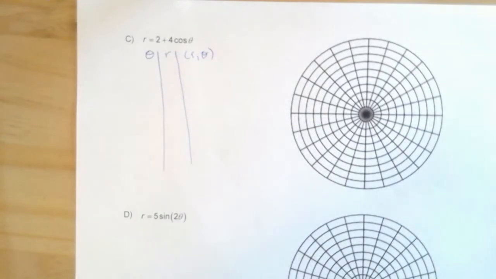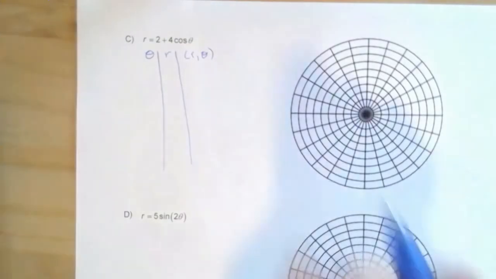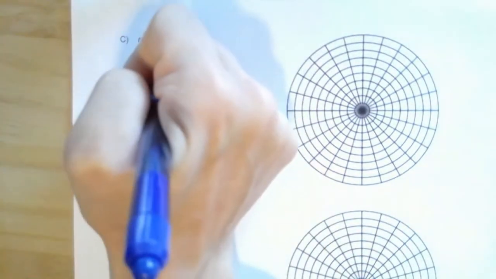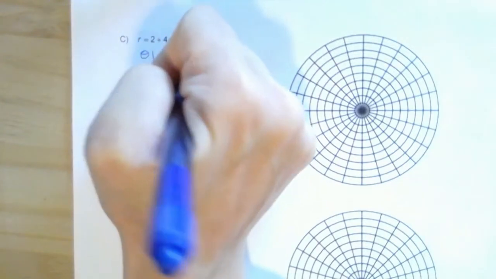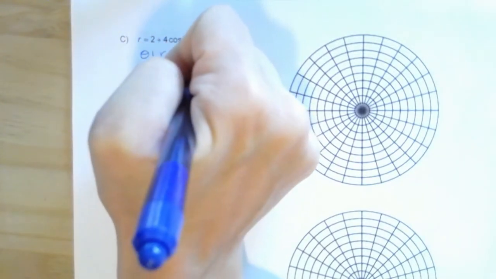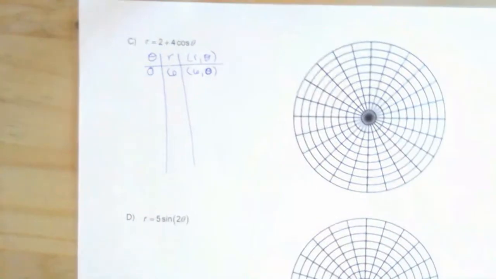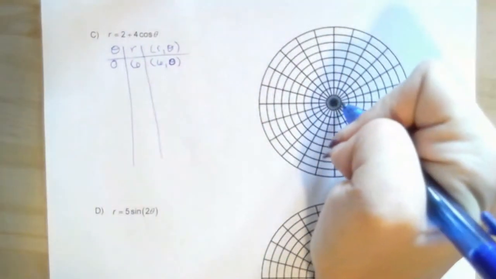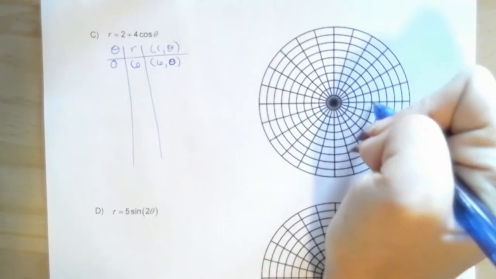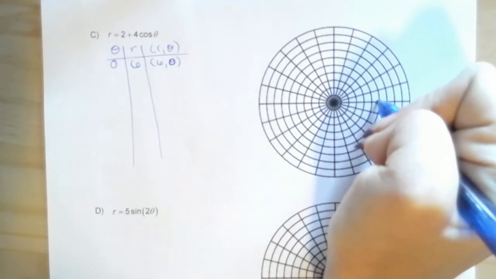Not to mention that the pi over 3's, they still give us a whole number, and it's definitely easier to graph a whole number, right? So let's start with 0. If I put in 0, I get the value of 6. So 0, 6. So 1, 2, 3, 4, 5, 6.